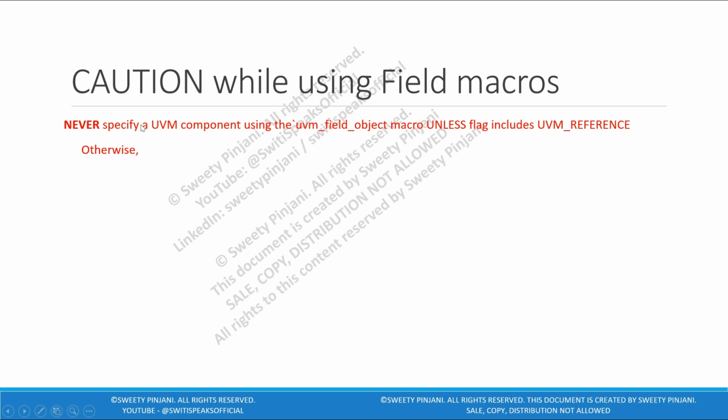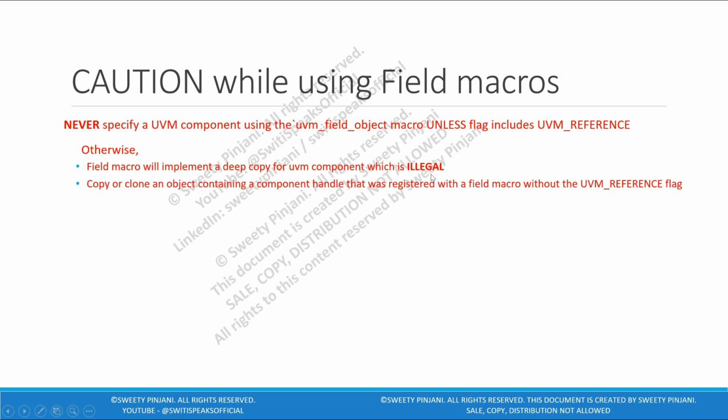If you don't follow this, what will happen? The field macro will implement a deep copy for the UVM component, which is illegal. You should not implement the deep copy for a UVM component. This is an illegal thing in UVM.